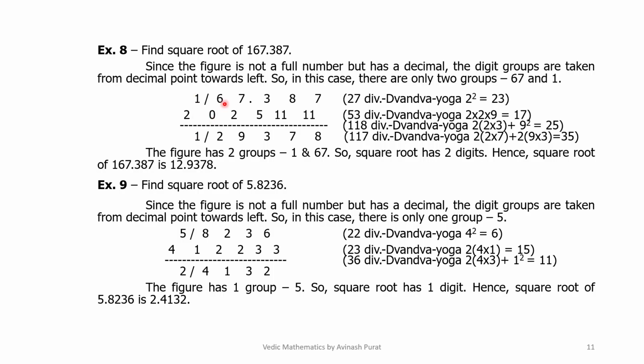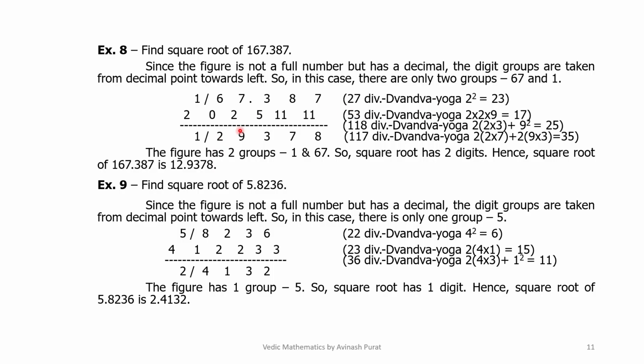Now 06 is the first dividend. There is nothing to be subtracted here. So 6 divided by 2, we get 2 as quotient and 2 as remainder. Now the next dividend is 27 minus Dvandva Yoga 2 square, that is 4.